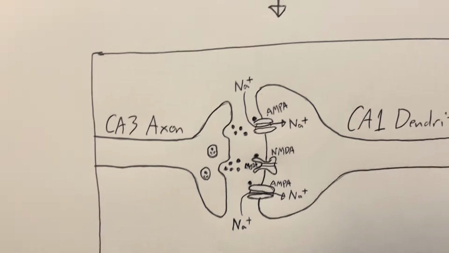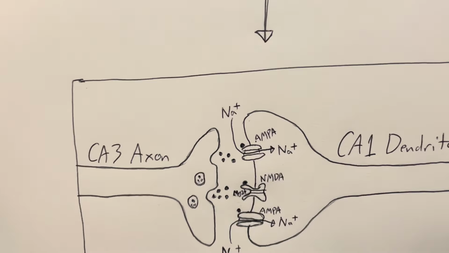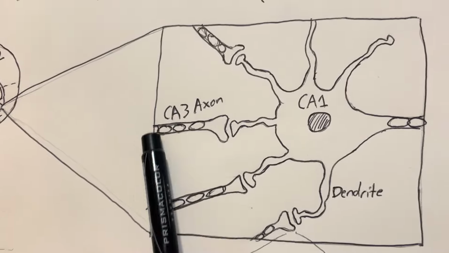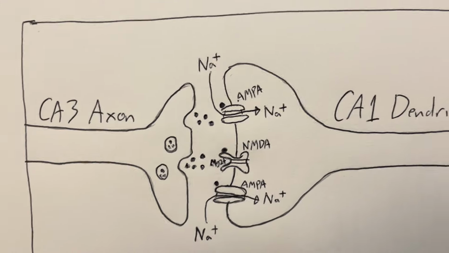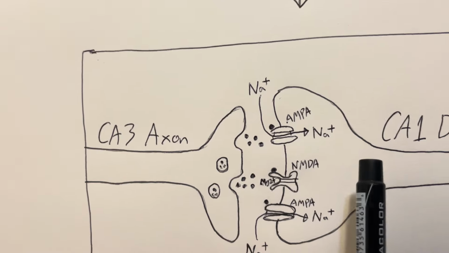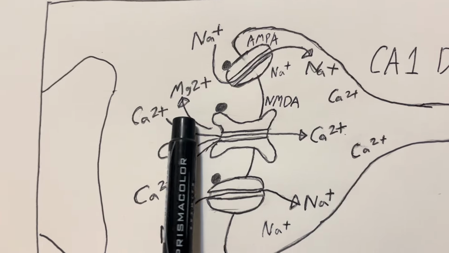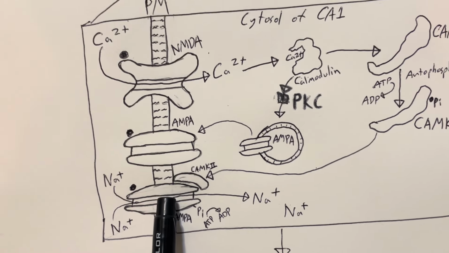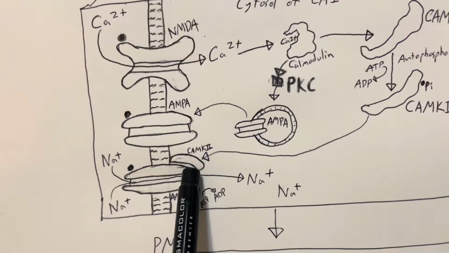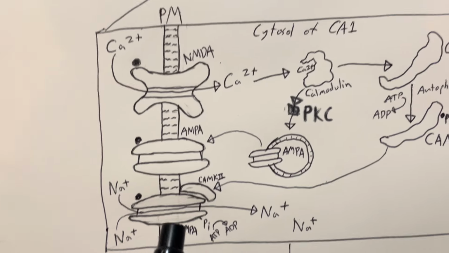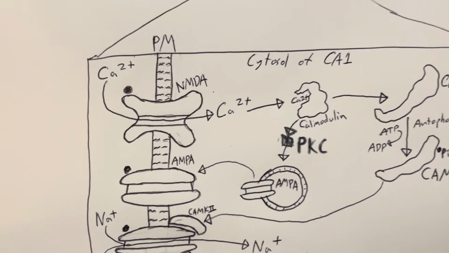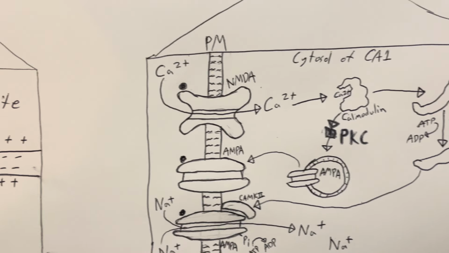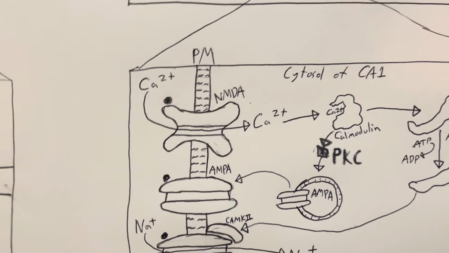If you have frequent signals coming here, either a lot from one neuron or the summation of many different signals from different neurons, you're going to get that level of depolarization required to kick out the magnesium ion more often, meaning you'll have these cascading effects of having more AMPA receptors and more strongly activated AMPA receptors responding more strongly to stimuli, thus strengthening the signal transmission to the CA1 neuron.